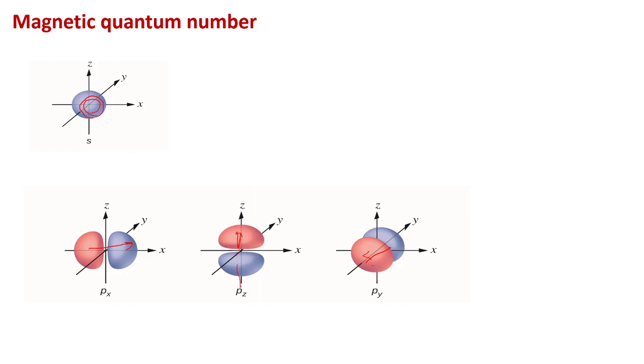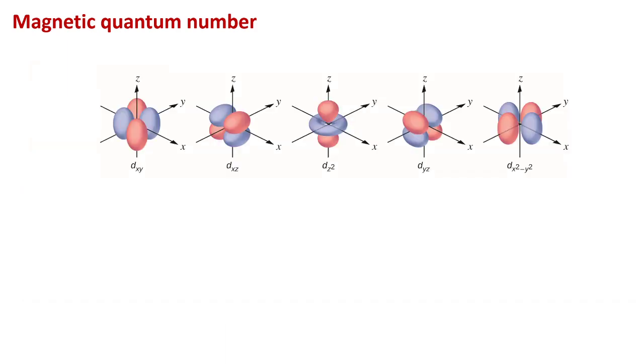Now, many times this axis also plays an important role because the probability of finding electrons is maximum in these regions, right? And therefore, it is going to affect the magnetic properties that we see in an atom. If you look at one more orbital like the d orbital, it can have 5 different shapes like dxy, dxz, dz square, dyz, and dx square minus y square, right?